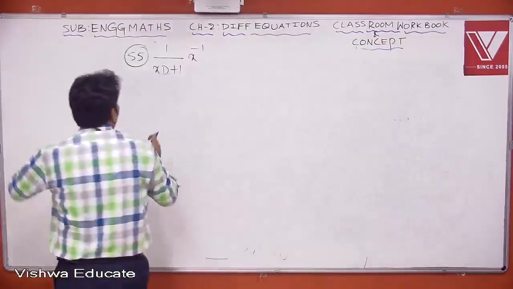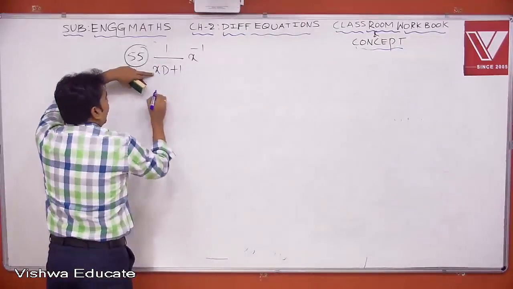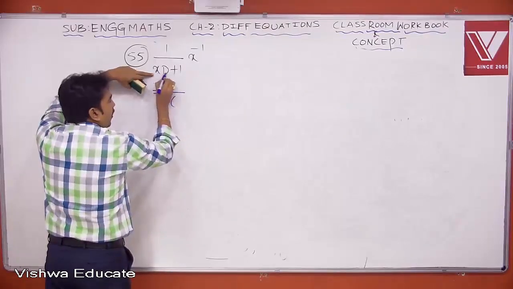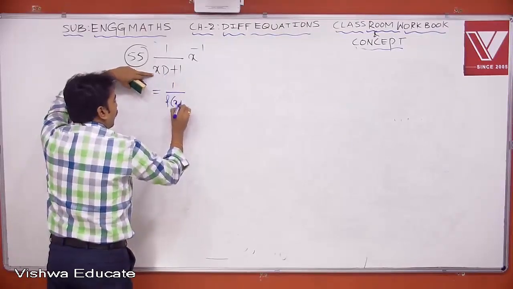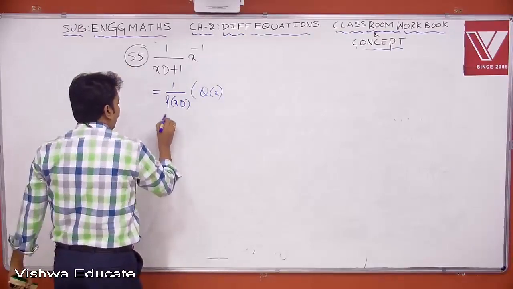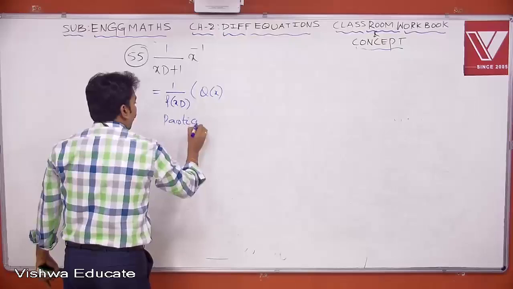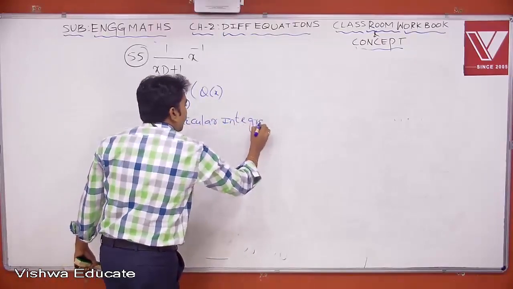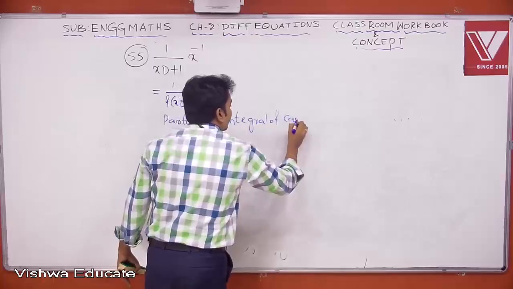Now you can see this is basically in the form 1 by f of D of Q of x, where f of D means f of xD, a function in xD. So basically, this is the particular integral of Cauchy's equation.